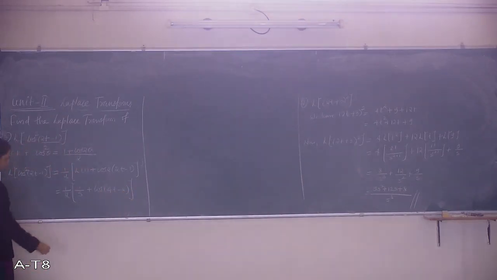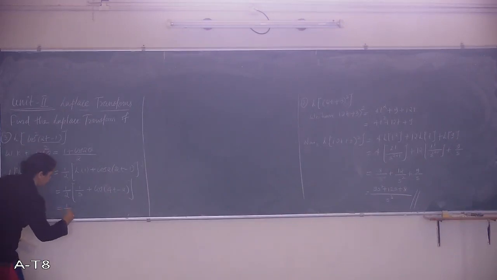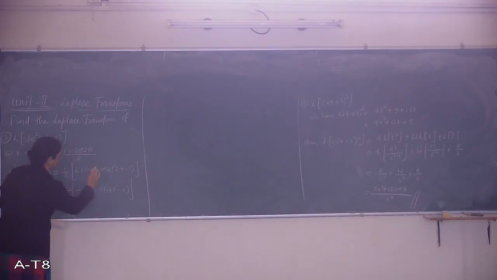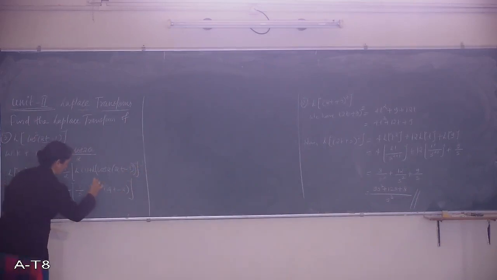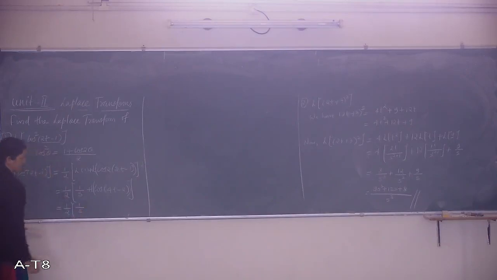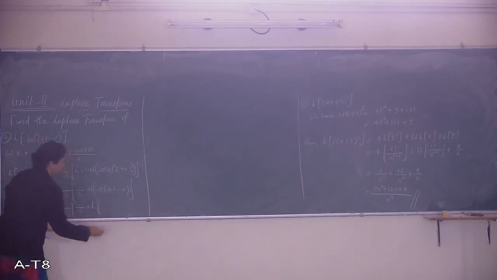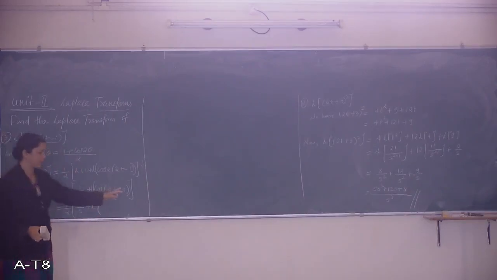That equals 1 by 2 into Laplace transform of 1 plus Laplace transform of cos of (4t minus 2).